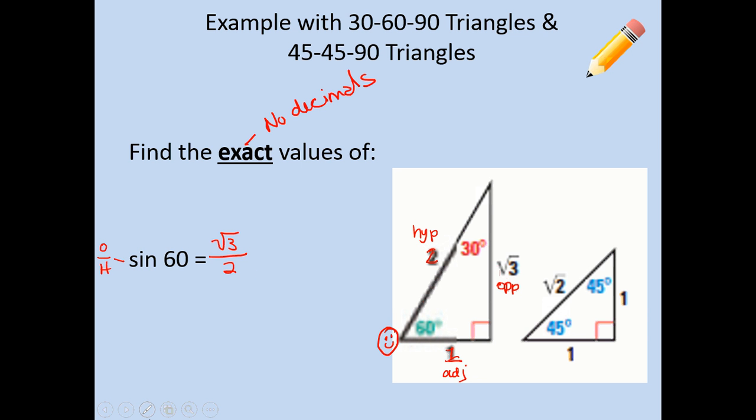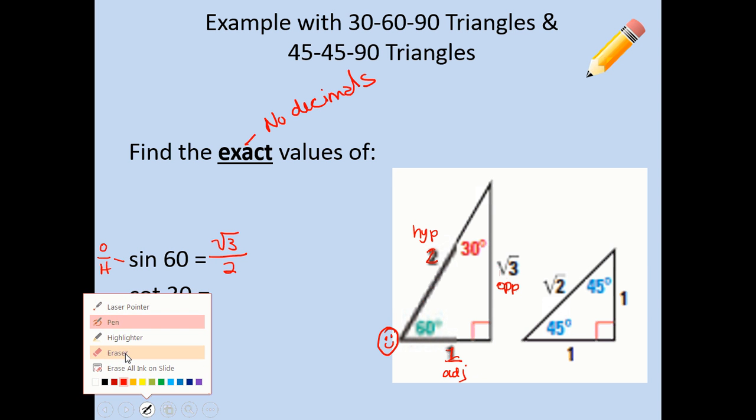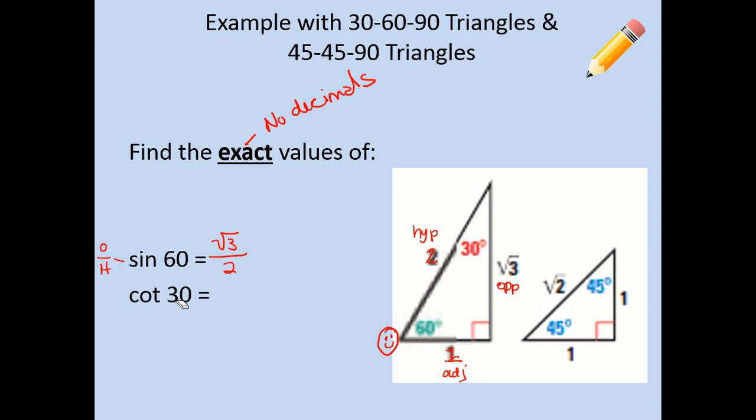Okay? If I want the cotangent of 30, I need to be at the angle 30, not at the angle 60. So I'm going to erase these values where I have the opposite, and I am going to go ahead and put myself at the 30.